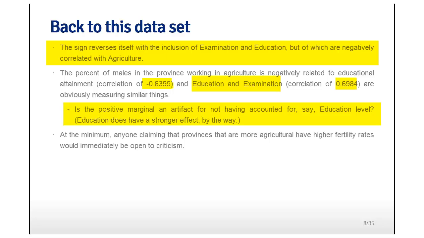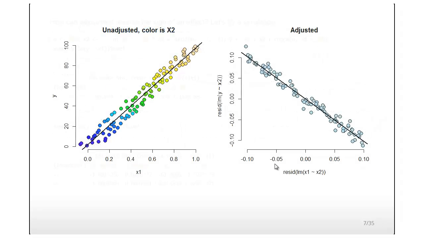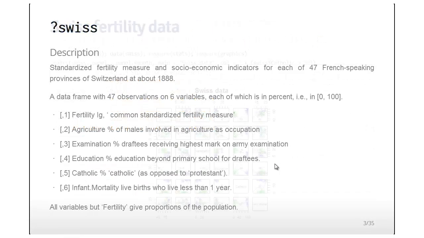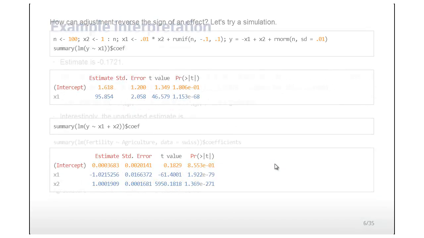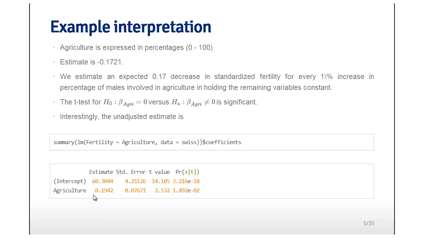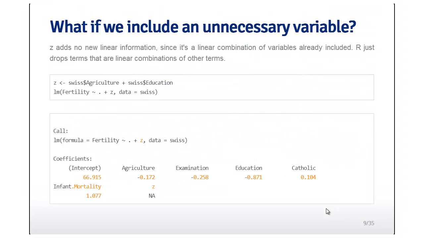At the bare minimum, what one could say, and in this data set it seems reasonable, is that if someone were to fit this marginal model and claim that this marginal effect of 0.19 is conclusive proof that an increasing percentage of males working in agriculture reduces fertility rate, for whatever reason, there would be some skepticism.